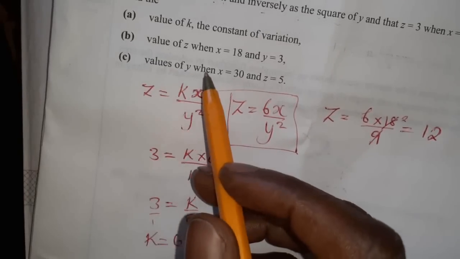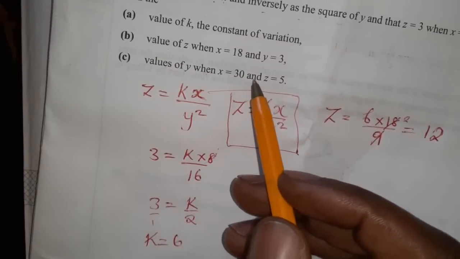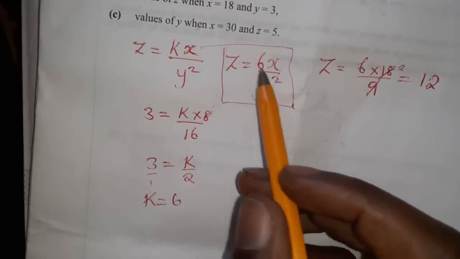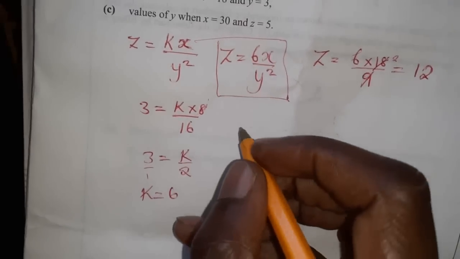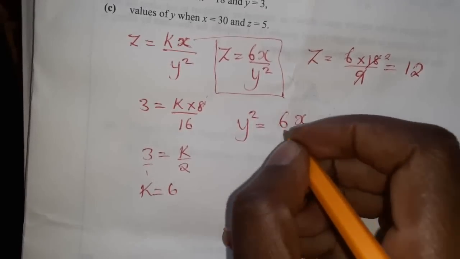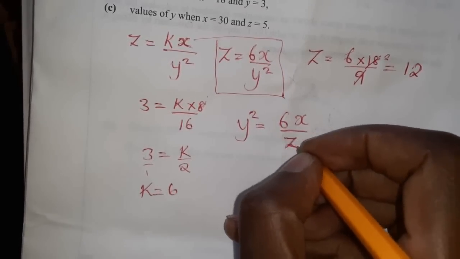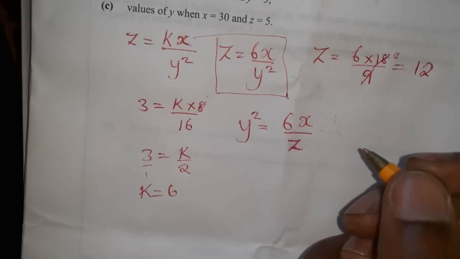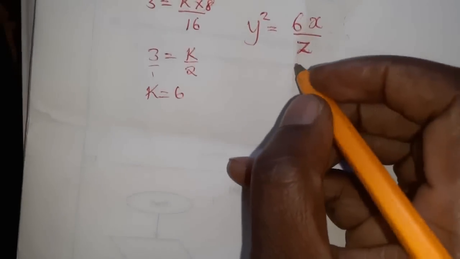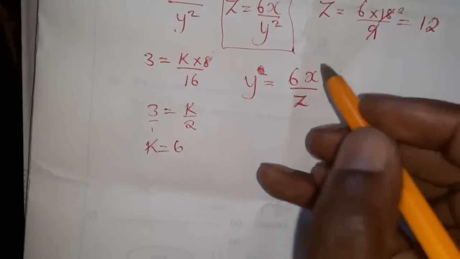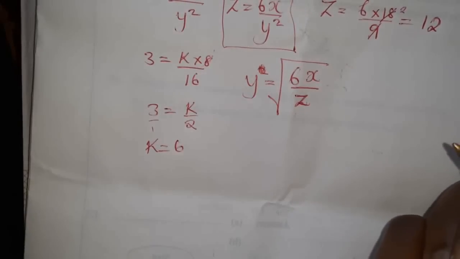Find the values of y when x is equal to 30 and z is equal to 5. We want this one here, isn't it? So when you want to make this the subject of the formula, it will be y squared is equal to 6x over z. Then if we want to find the value of y, you remove this and then you square root this side.